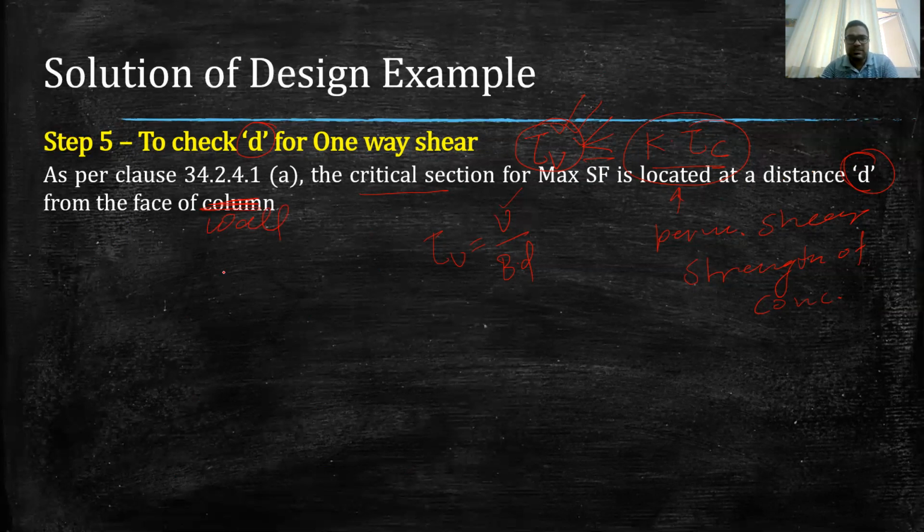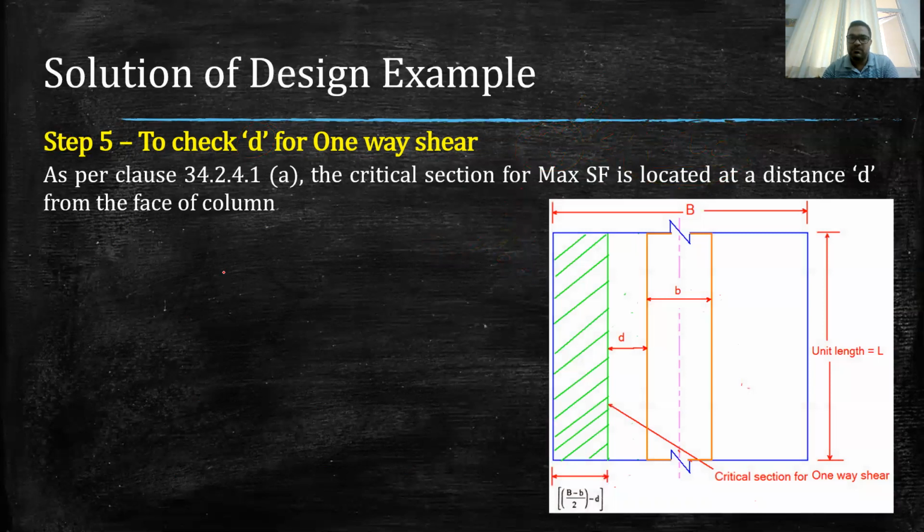To understand this, we have the diagram. Here, this is our wall and this is our footing, and the section for shear force will be at a distance D. Again, this section divides the footing into two parts. One is the LHS part and the second one is the RHS part.